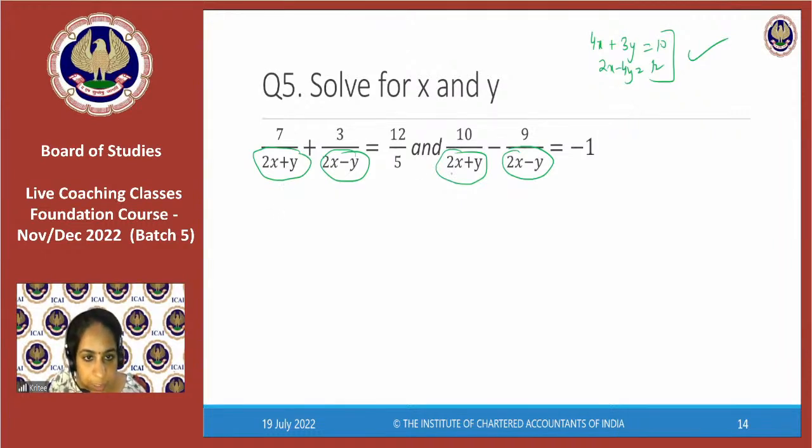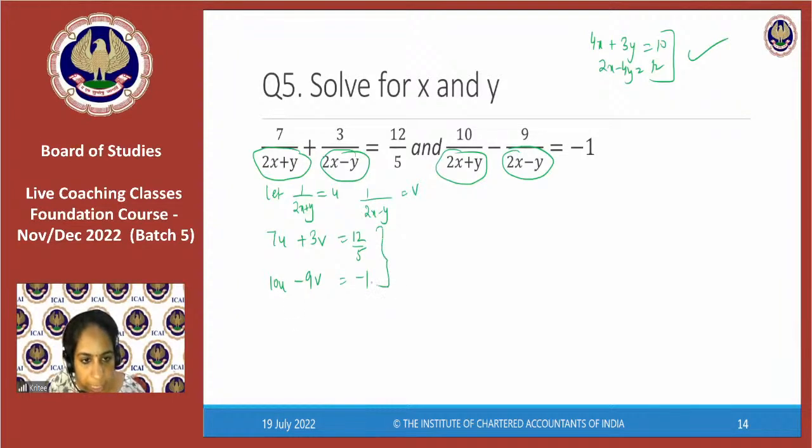So when these are the similar values, let 1 by (2x plus y) be equal to u, 1 by (2x minus y) be equal to v. So 7u plus 3v equals 12 by 5, 10u minus 9v equals minus 1.